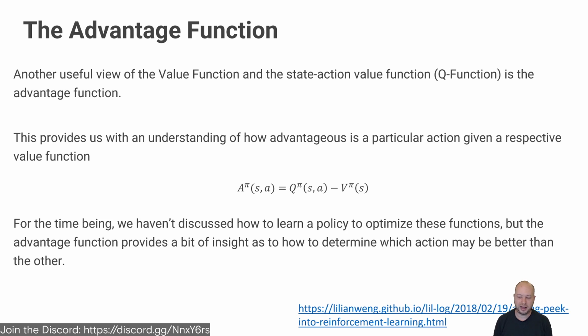The value of taking a particular action given a respective state, we'll have 10 different values. And so in that sense, you can imagine that this advantage function is also going to be a vector. And then we can use that vector to figure out, well, what's the most advantageous action to take? That's why it's called an advantage function, because we're looking at it in the context of what's the best action we can take.